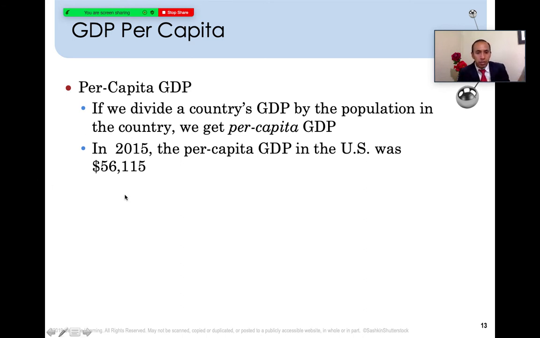This can let us know that a person in the United States may have a potential average income of $56,000 in comparison to a different country that may have a lower GDP per capita. But what we see is that in many cases, countries with substantially higher GDP per capita may not be relatively happier than other countries with lower GDP per capita, and vice versa.